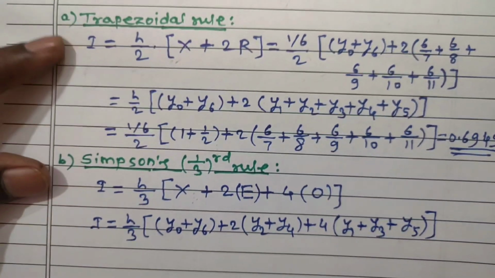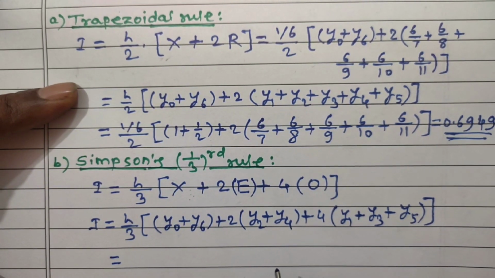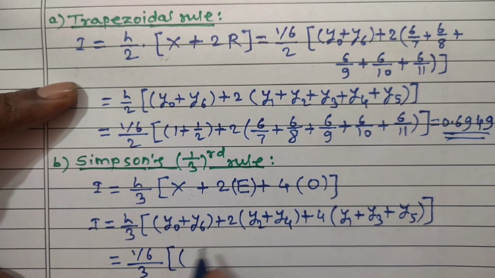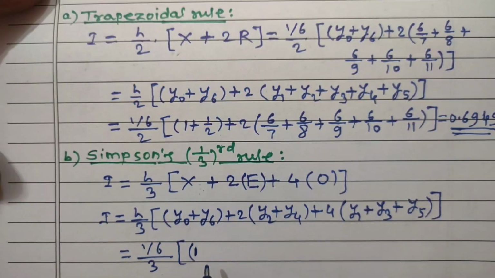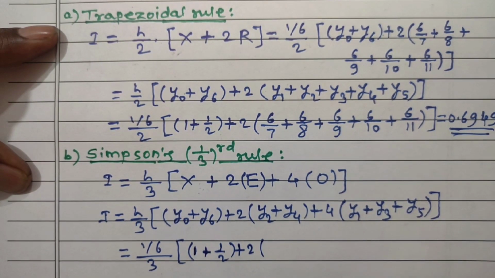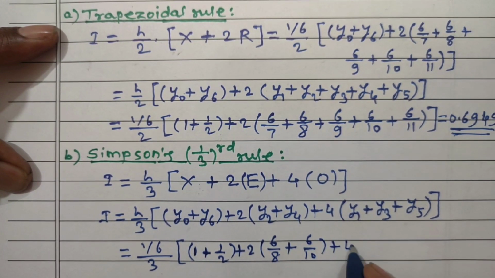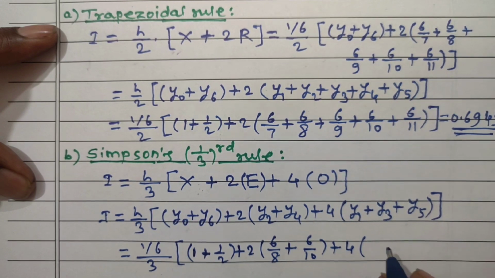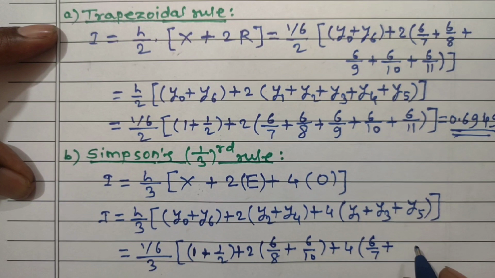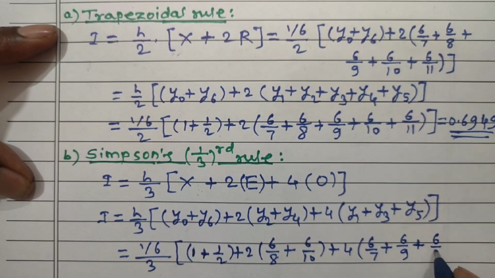Put the values of ordinates and the value of h in this formula. I is equal to h is 1 upon 6, divided by 3 into bracket y0 plus y6, 1 plus half, plus 2 times y2 plus y4, 6 upon 8 plus 6 upon 10, plus 4 times the sum of odd ordinates: y1 is 6 upon 7 plus y3 is 6 upon 9 plus y5 is 6 upon 11, bracket close.